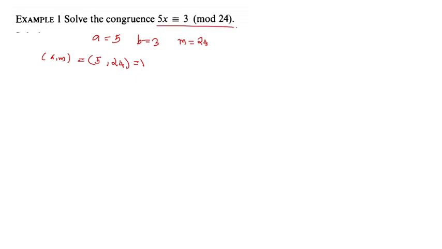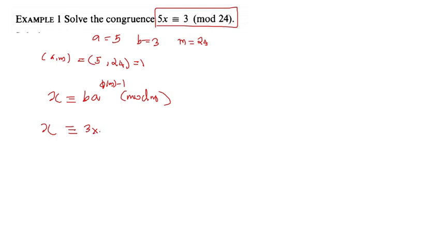Therefore the congruence has a unique solution, and the solution is given by x congruent to B A raised to phi of M minus 1 mod M. So substituting the values, x congruent to 3 into 5 raised to phi of 24 minus 1 mod 24.